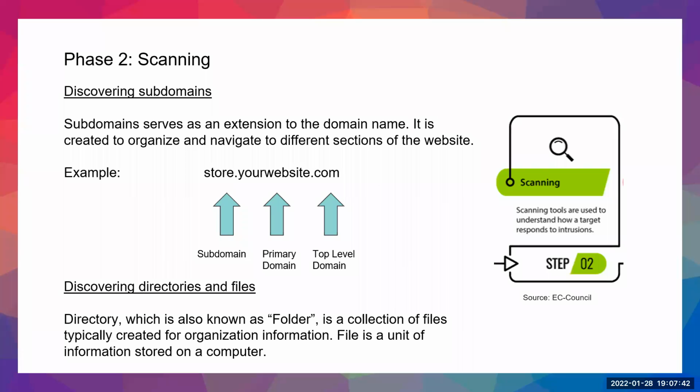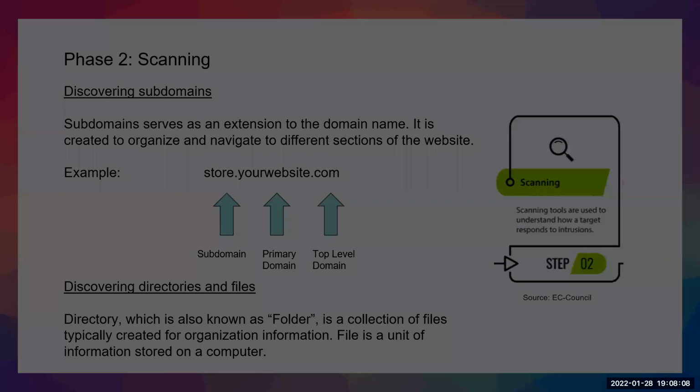Another aspect where we can perform scanning is to discover the files and directories stored in the website, as I mentioned previously. Directories, also known as folders, like your typical folder on your computer, are collections of files created for organizing information. A file is a unit of information that is stored on the computer.